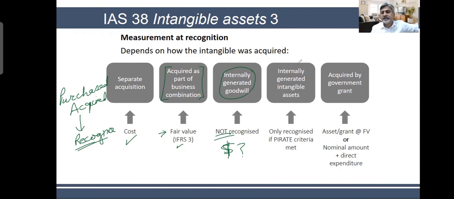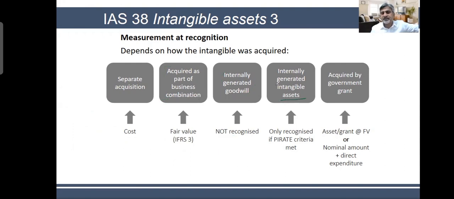You might have internally generated intangible assets, some other intangible assets which you have internally generated, for example software, some other products, only recognized if the PIRATE criteria are met. These are 6 conditions, and all of these 6 conditions must be met. Internally generated intangible assets: here we will discuss research and development, and this is an important area from an exam point of view.